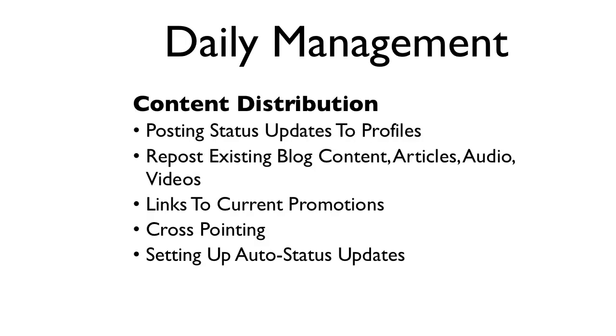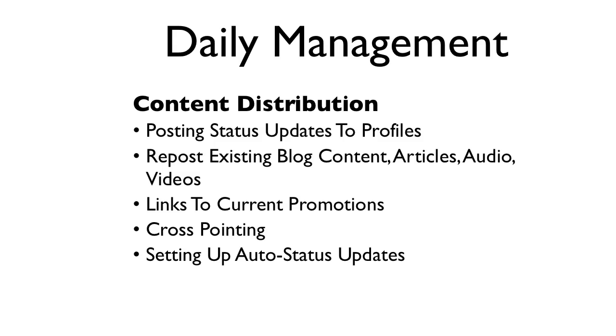Content distribution as a feature includes posting status updates to their different profiles. This, on Pinterest for instance, would include uploading the photos and ensuring that they are tagged properly and put on the right boards, or on Twitter it's as simple as just posting the status update.